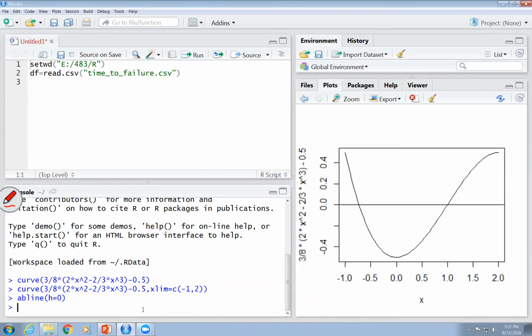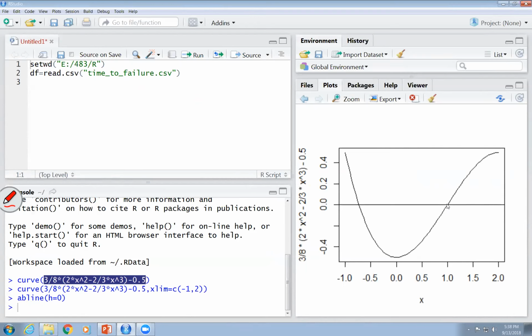Right, because this was my function that I wanted to solve; I wanted to find an x that makes this equal to 0. So I plot this, and I plot y equal to 0. Wherever they cross between 0 and 2, that will be the answer. So I check between 0 and 2, they cross at 1. So that's my answer.